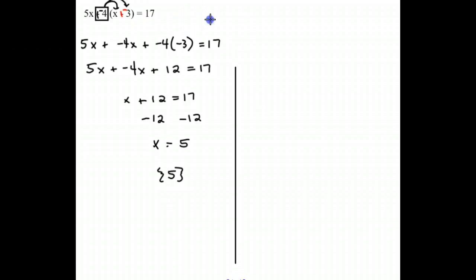We are going to take our original problem and rewrite it. Remember, that was 5x minus 4 times x minus 3 equals 17. I'm going to have 5.